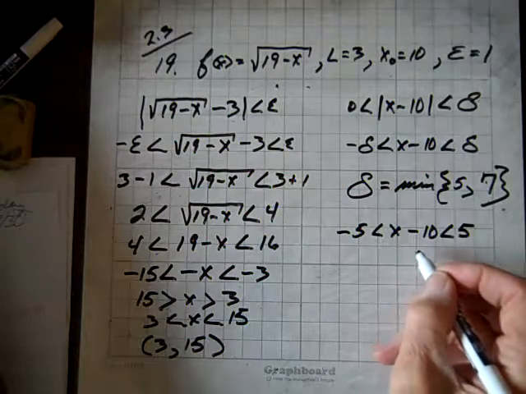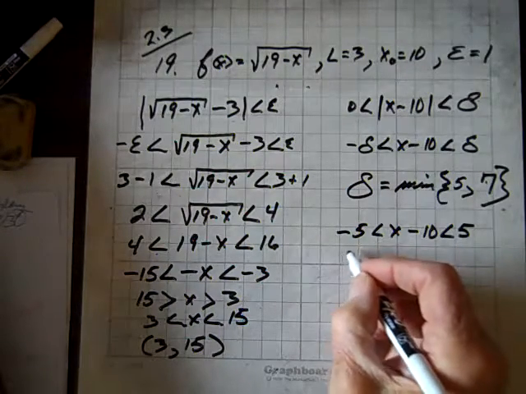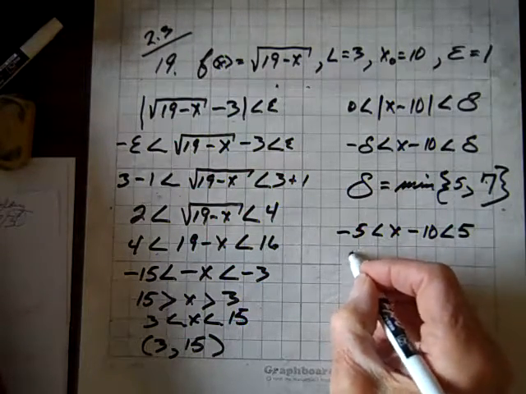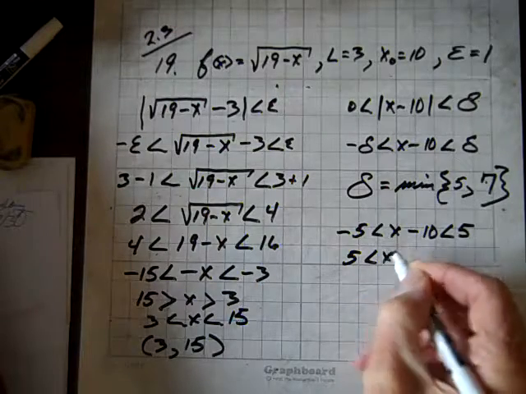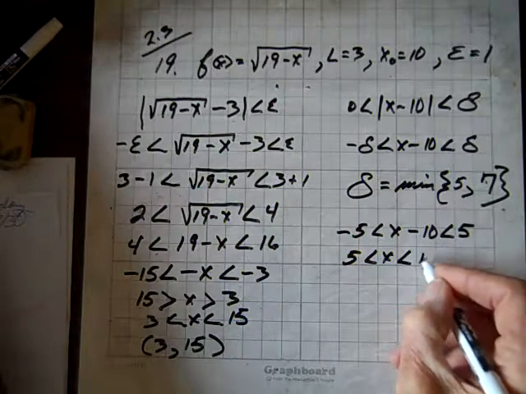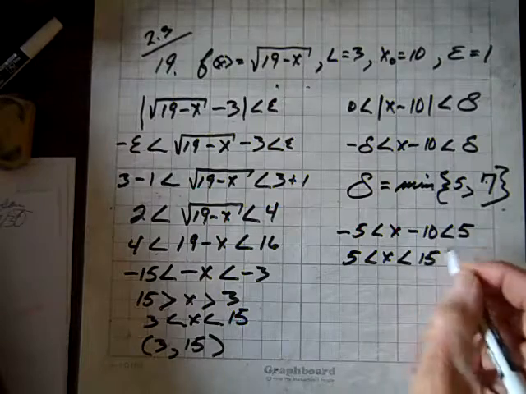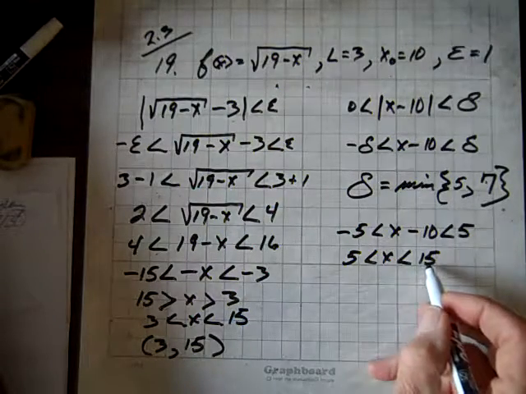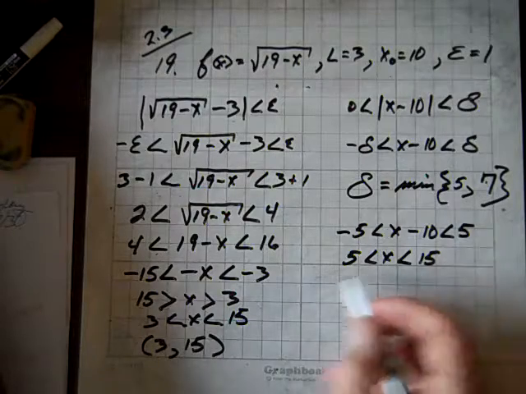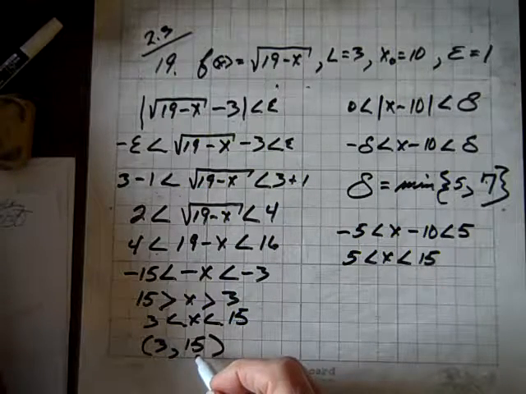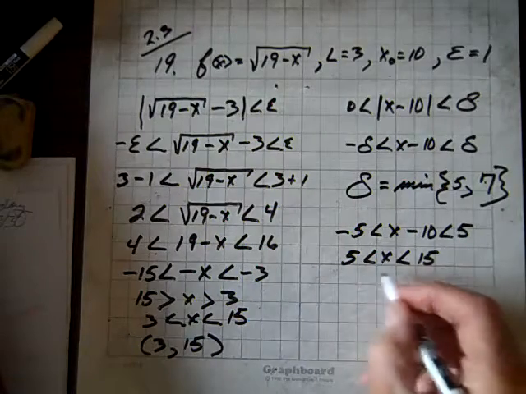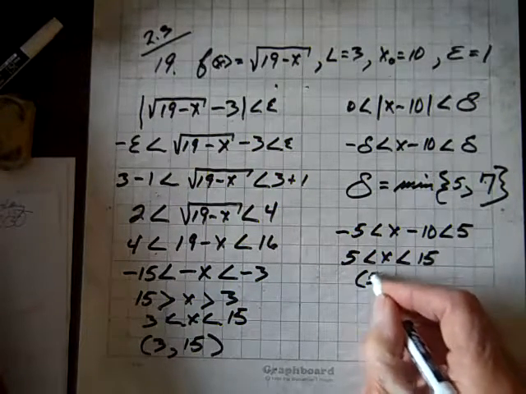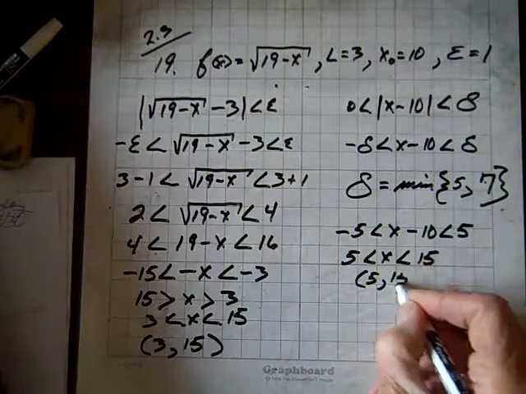And so if we add 10 to each interval, we get minus 5 plus 10 is 5 is less than x, which is less than 10 plus 5, which is 15. And notice, all of these values are in this interval. So this corresponds to an open interval of 5 to 15.